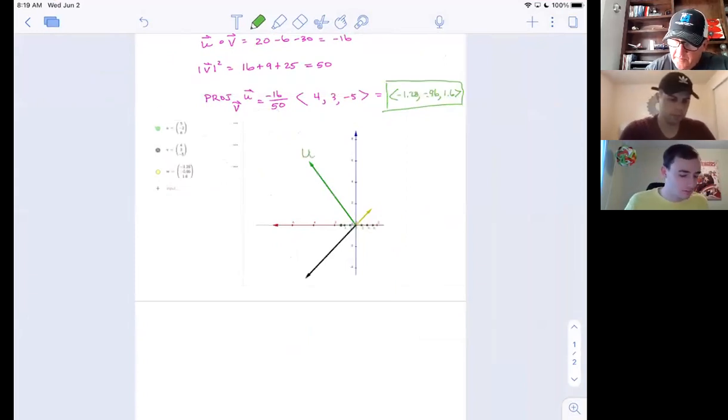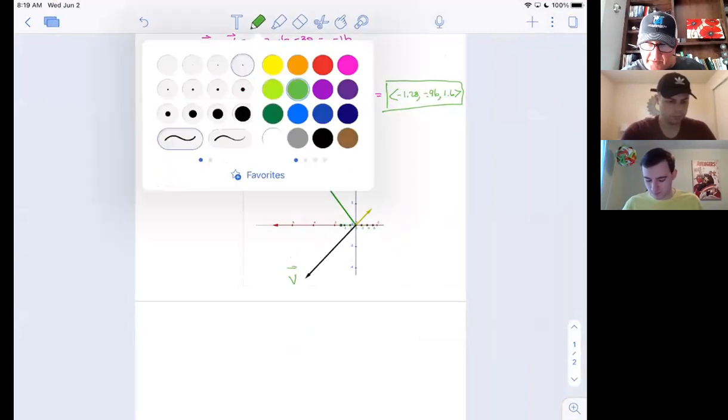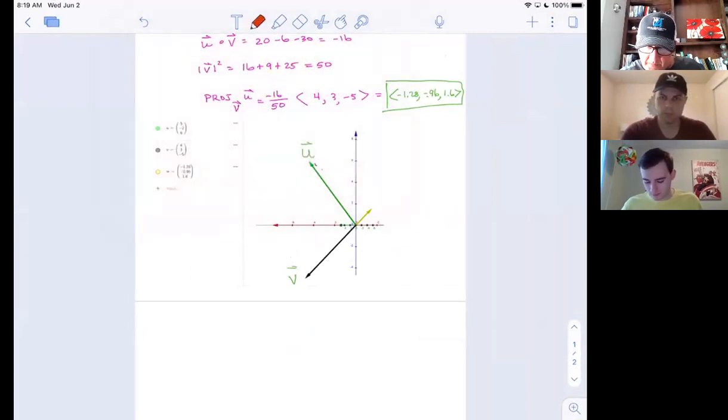If that's vector U and this is vector V, and that's our projection, didn't we say a second ago that it had to go straight down to vector V and hit it at 90 degrees? Well, notice this angle right here is greater than 90 degrees in this case. So it's actually projecting the other direction.